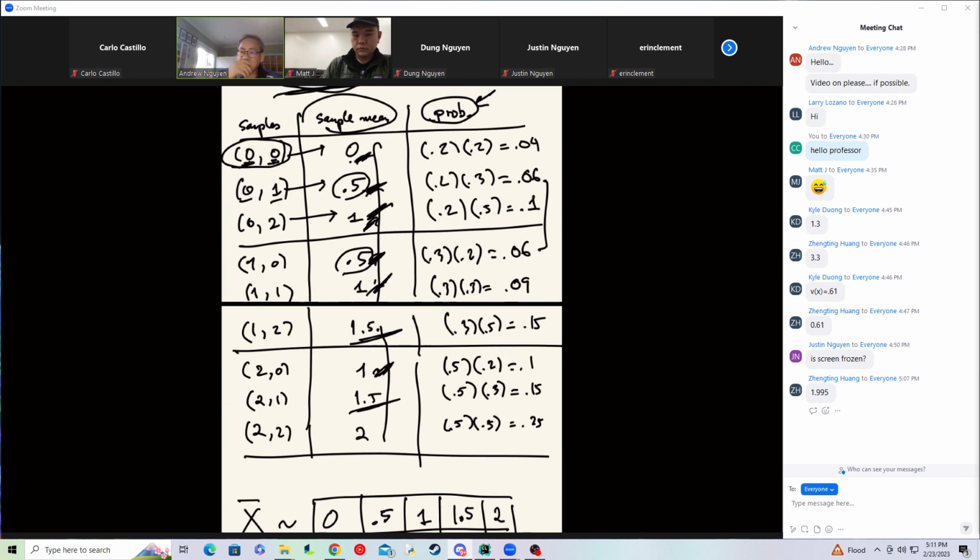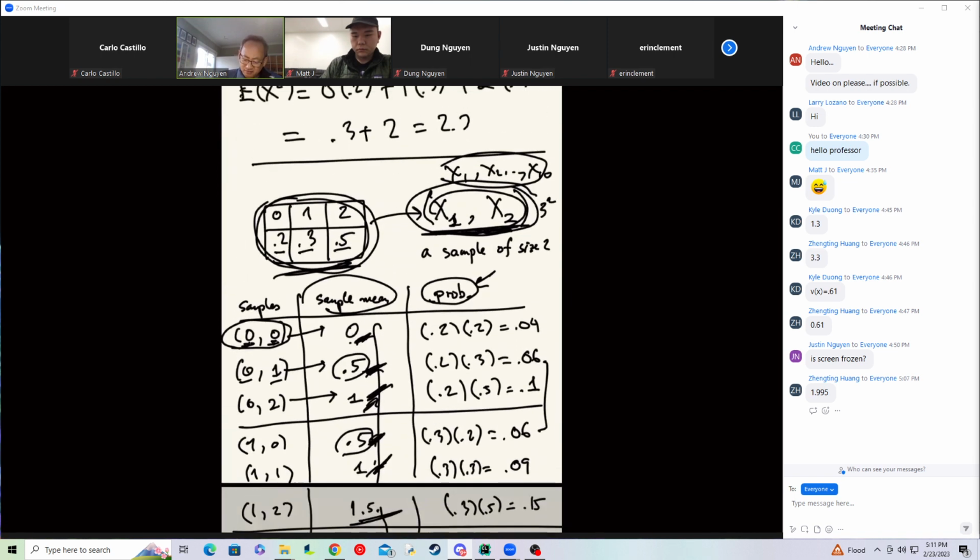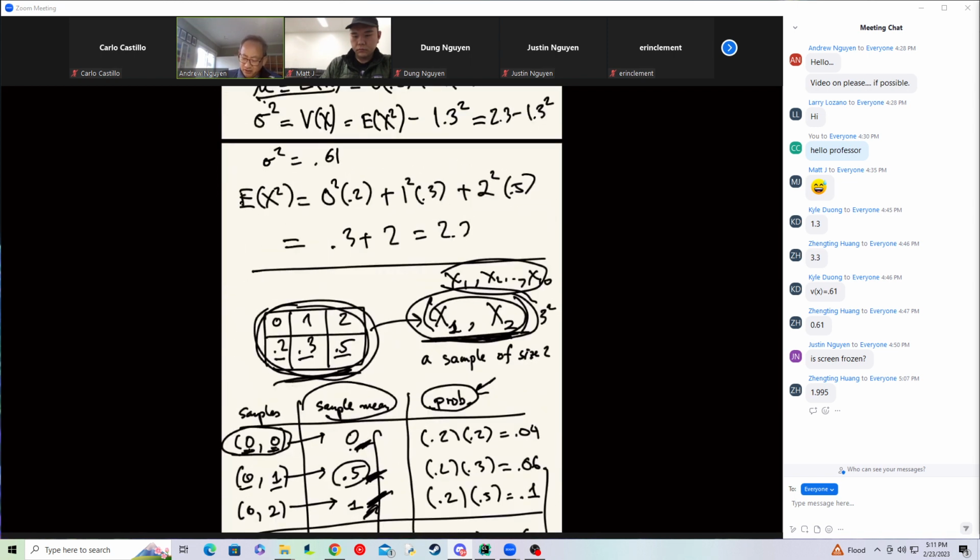So the sample mean varies from sample to sample. The sample mean could take values different from the original. In this case, the original population is either 0, 1, or 2. My sample mean can be 0.5. My sample mean can be 1.5, right? If the sample size increases, I have more different values that X bar can take on, okay?